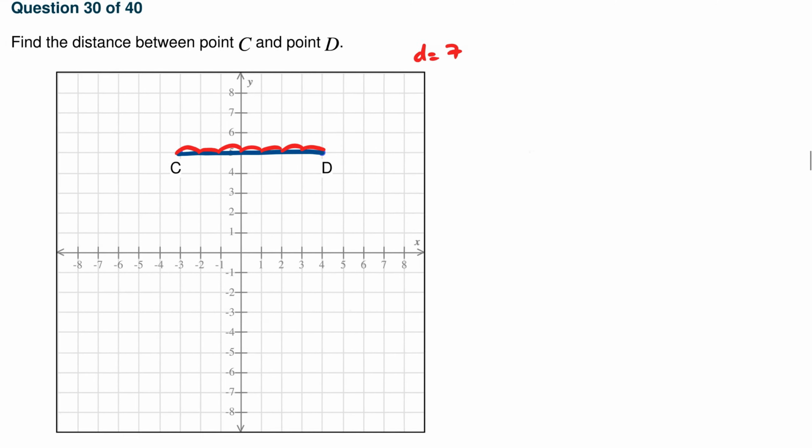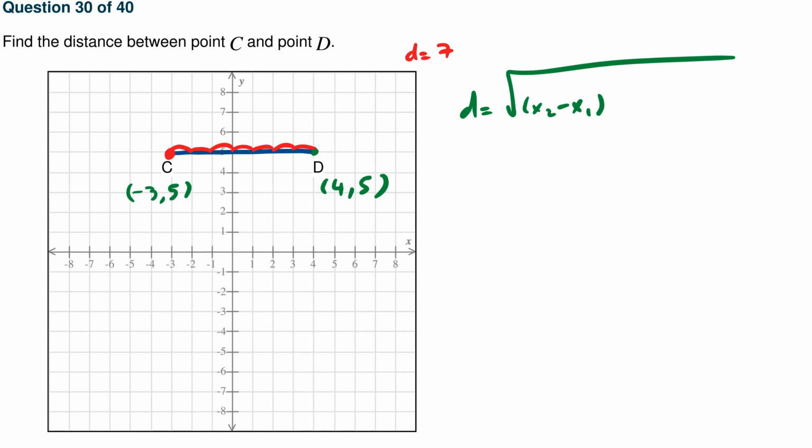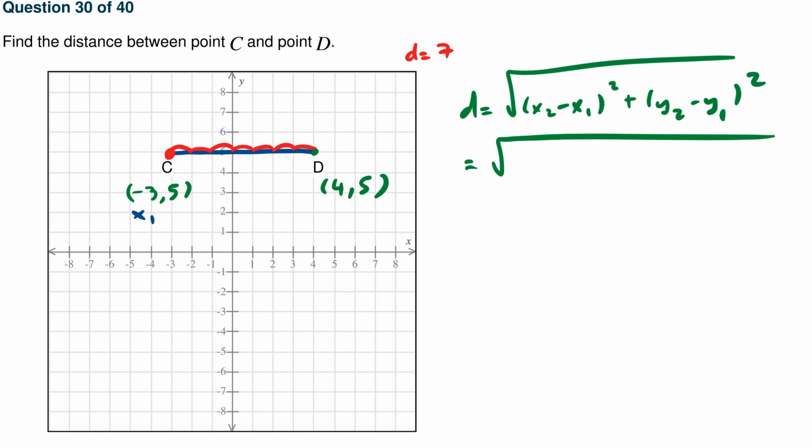Or we can use the distance formula. Point C has the coordinates -3, 5, and point D has the coordinates 4, 5. The distance formula is the square root of x2 minus x1 squared plus y2 minus y1 squared. We're going to label the points x1, y1, x2, y2.